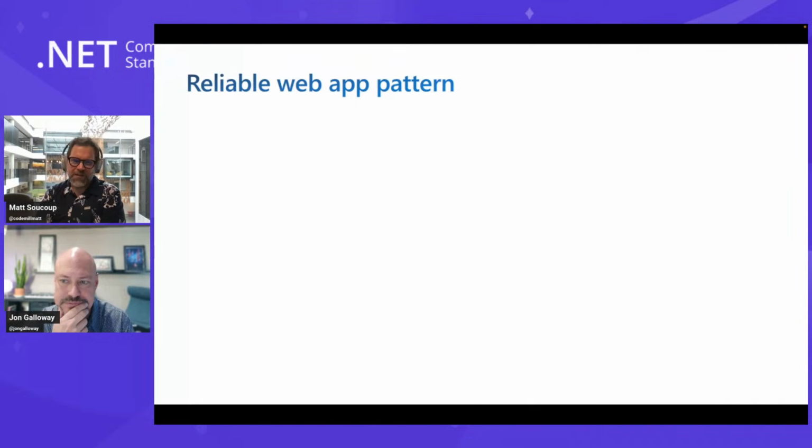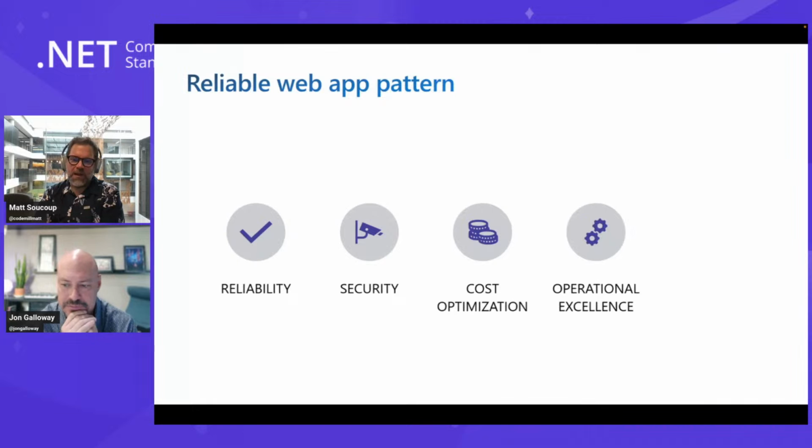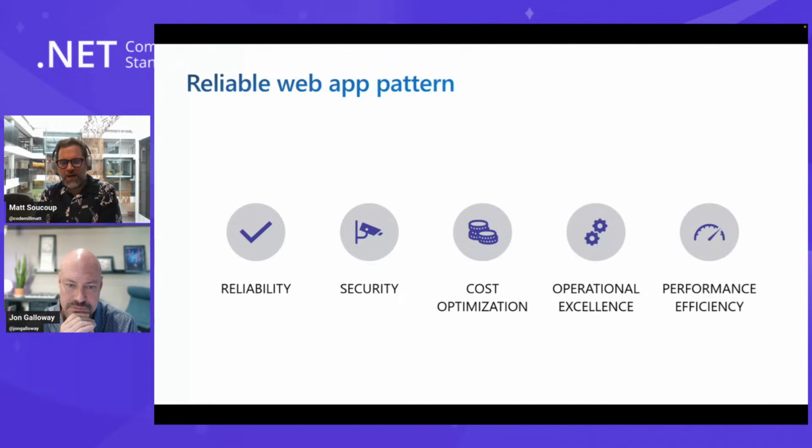But it comes down to, I think, 5 different pillars that we're going to talk about here: reliability, security, cost optimization, operational excellence, and performance efficiency. So of those, the reliable web app pattern, you kind of think of it as a pattern of patterns. And so it's also kind of like the singleton's a pattern.